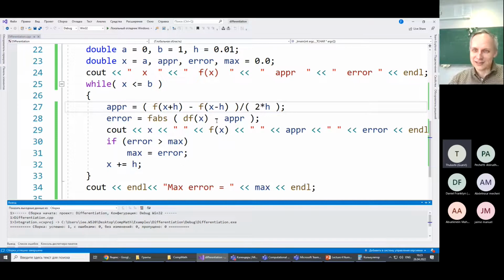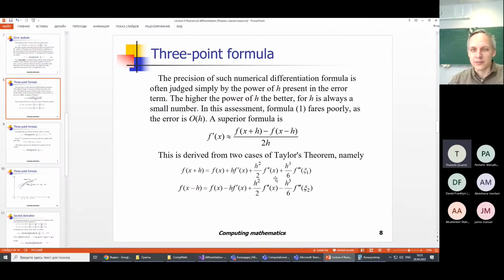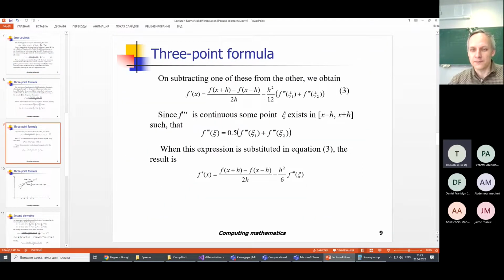Okay, and let me show one more feature. Let's come back to the error estimation of the 3-point formula. We see that the error term includes h to the power 2 and the third derivative of a function.